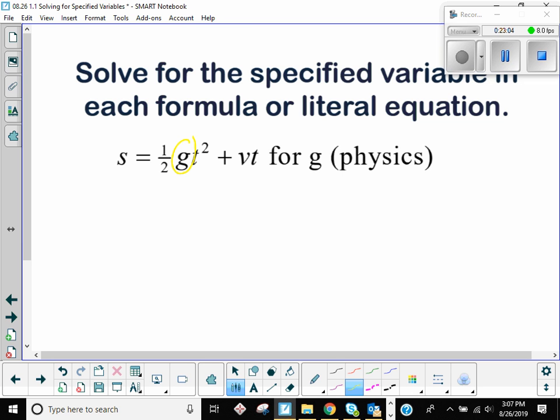In these kind of problems, I like to encourage you to think about doing PEMDAS backwards. And I'll show you what that means.